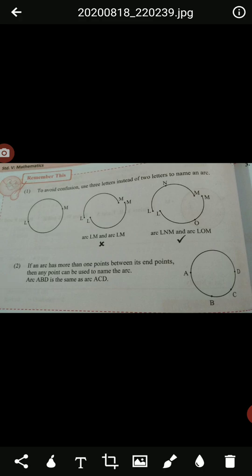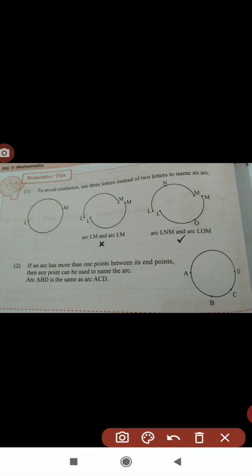For next, you have to always remember this. Here a circle is there. To avoid confusion, use 3 letters instead of 2 letters to name an arc.